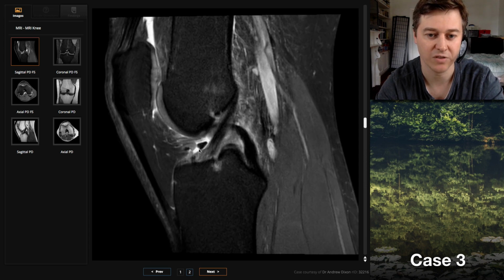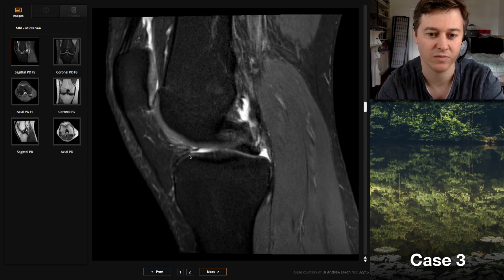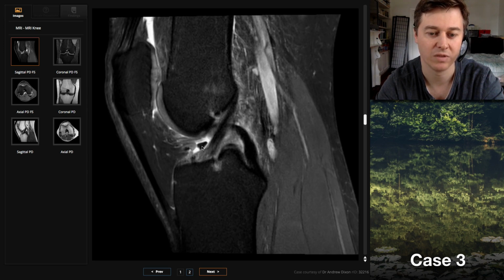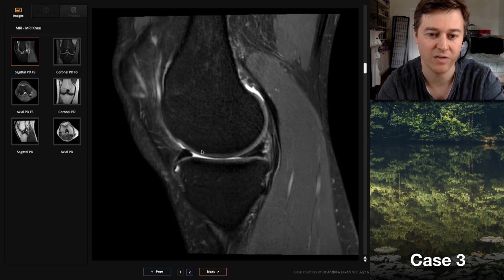Yeah, I agree. So it kind of joins up with that anterior horn of the medial meniscus and runs through the anterior intercondylar recess in front of the ACL here, and then a lot of it kind of sits above the anterior root attachment of the lateral meniscus, but it's very much arising from the medial meniscus.